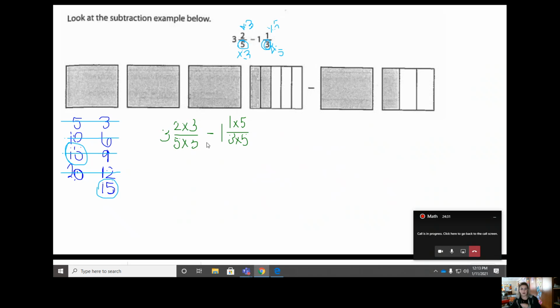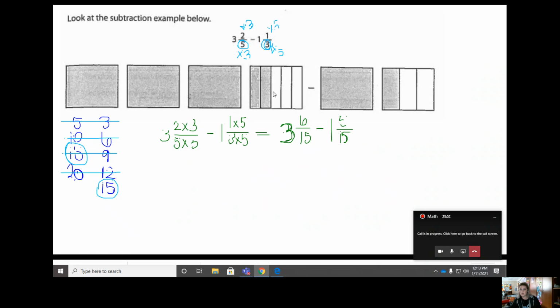All right, now let's multiply it out. So we have the 3 here. Okay, then 2 times 3 is 6 over 5 times 3, which is 15, minus 1. 1 times 5 is 5 over 3 times 5, which is 15.